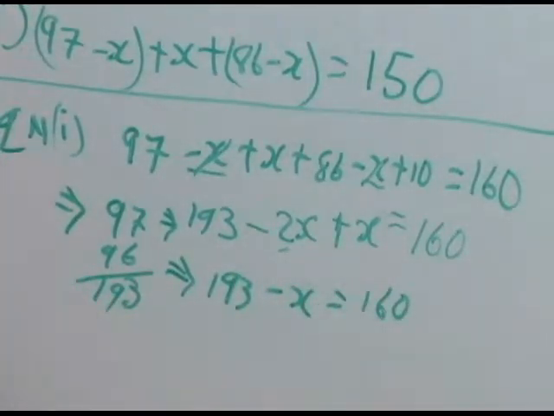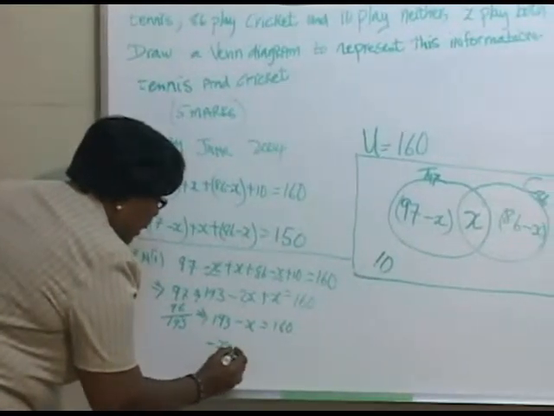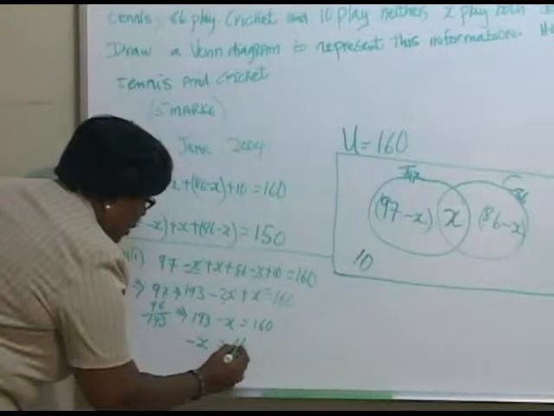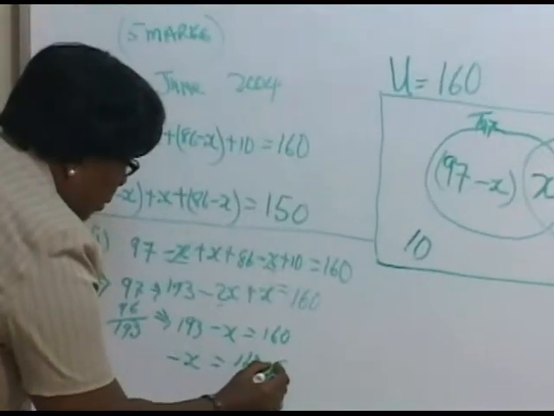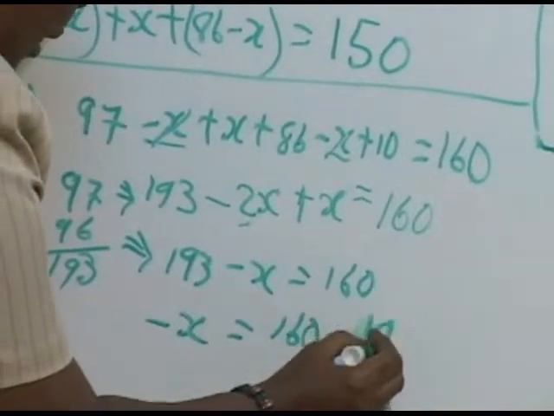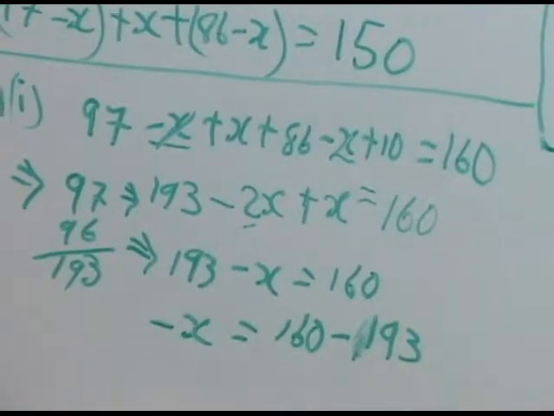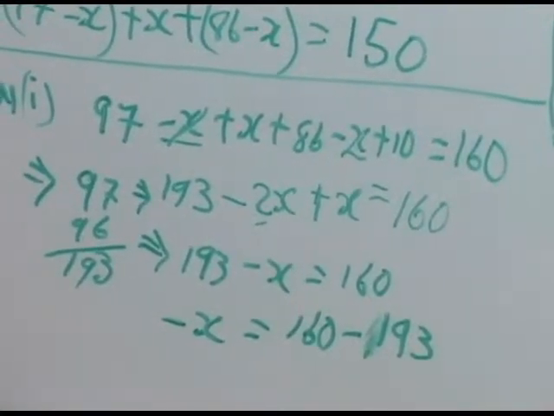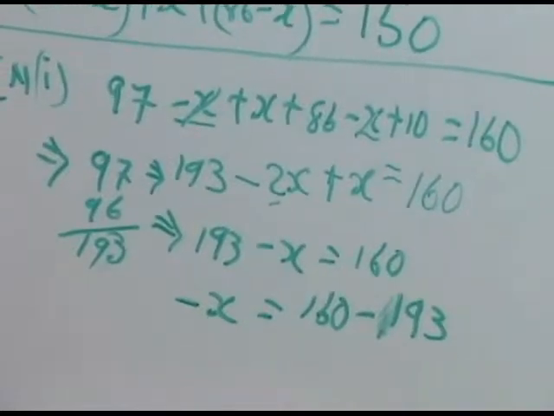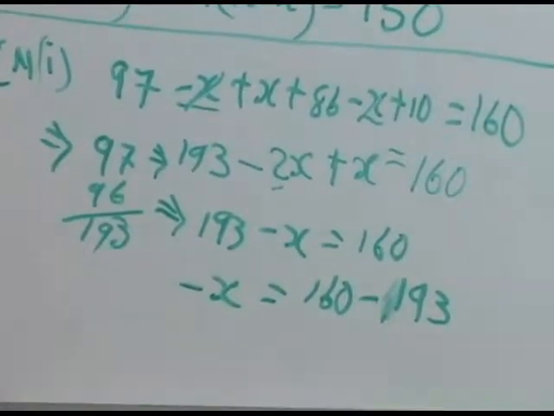Okay, and then we're going to have negative x is now equal to 160 minus 193. Now we can look and say which number is bigger, and it is the negative. Isn't that true? Yes. And then we're going to say by how many.